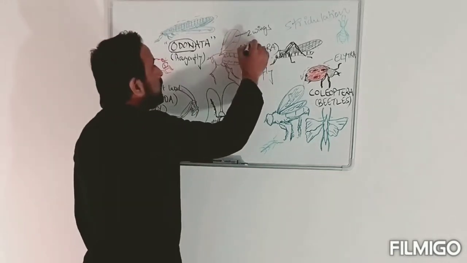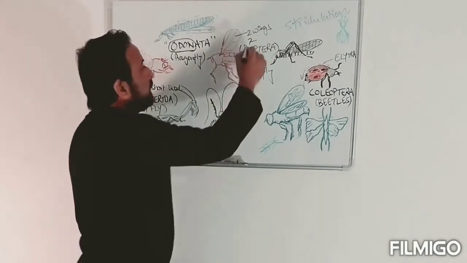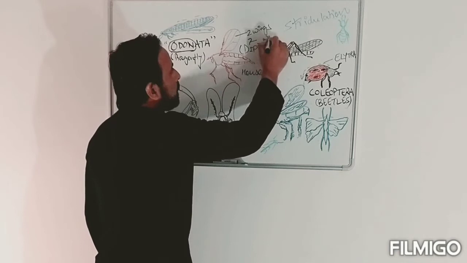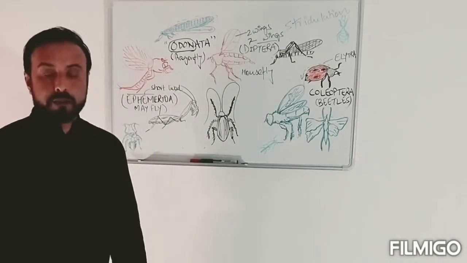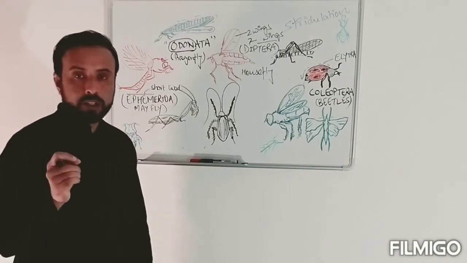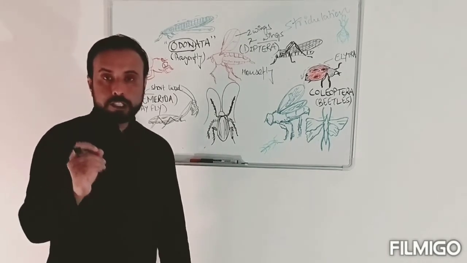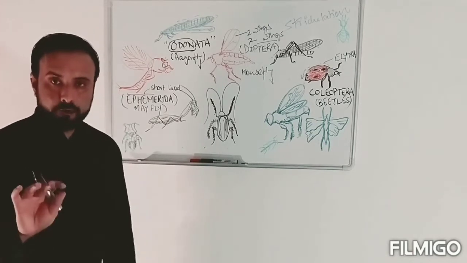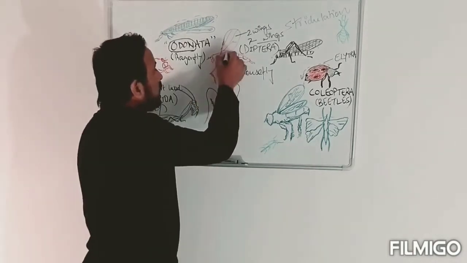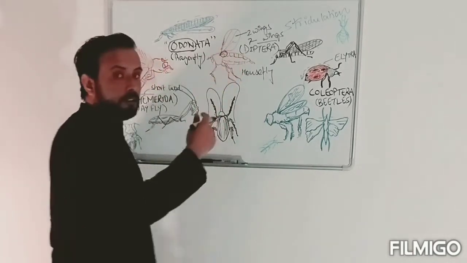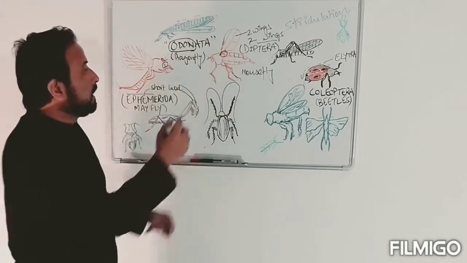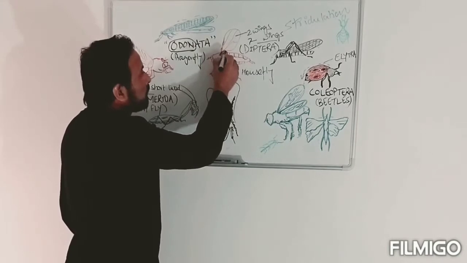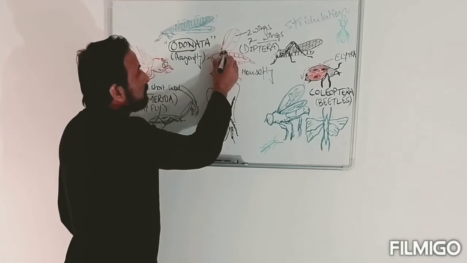Diptera. Di means 2, Ptera means wings, 2 wings. But when I say they have only 2 wings, theoretically I am not correct, because they have 4 wings, but the other 2 wings, the hind wings, become a small structure like this. It's a kind of adaptation in them, right?